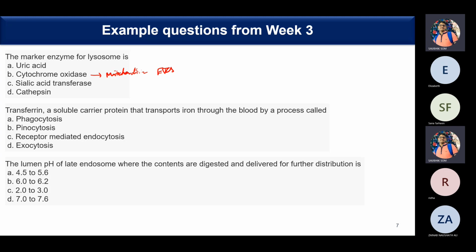Sialic acid transferase is present mainly in the Golgi; it's a glycosylating enzyme. Cathepsin is a lysosomal cysteine protease. So cathepsin is the correct answer.